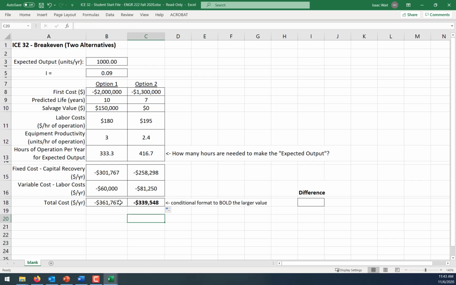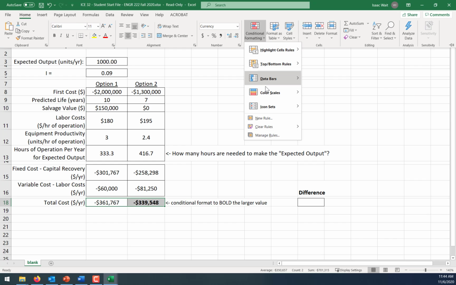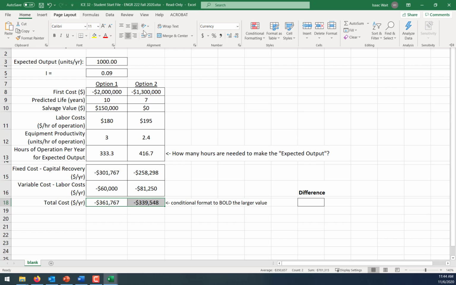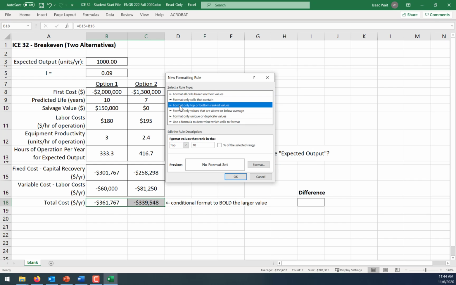What I've done is a conditional formatting, and it's probably still in that template file if you have it. I selected the 2, and I went into conditional formatting. I'll clear the rules that are there now. I'll set it up again just so you see. Conditional formatting, new rule, and of this that's selected, I want to select only the top or bottom ranked value.